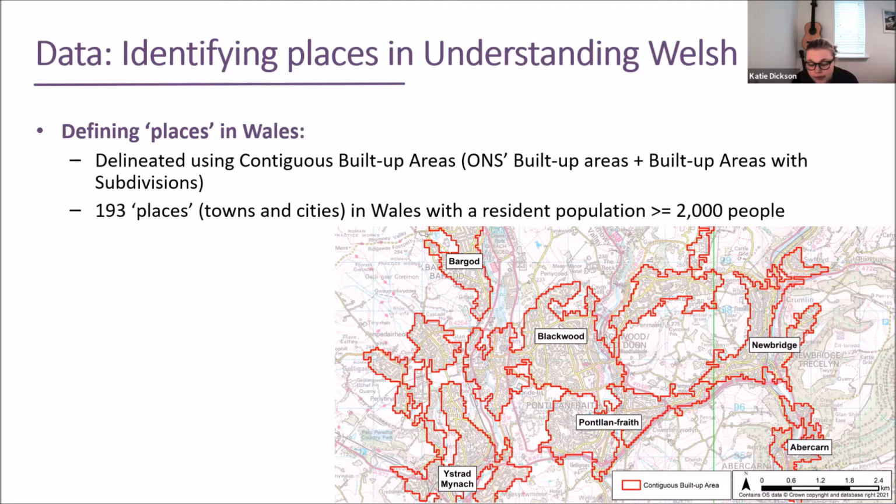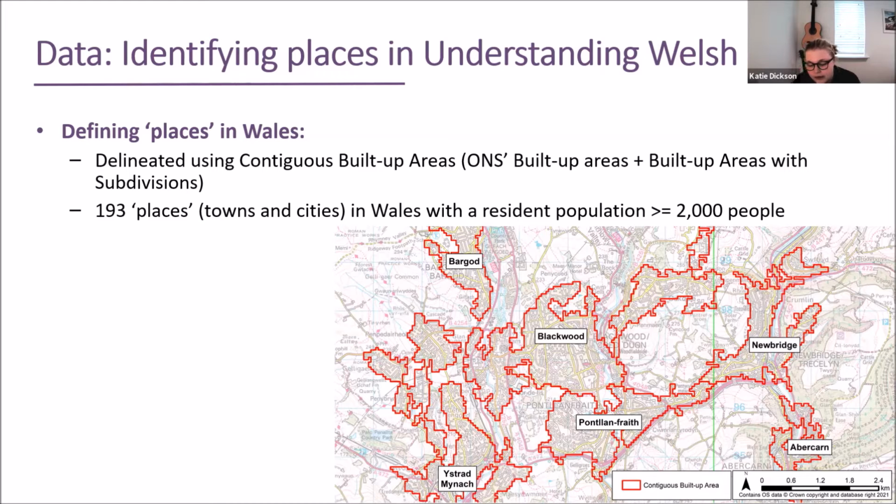So for those of you who aren't familiar with this, the built-up area boundaries are delineated by merging together 50-metre square grid cells, which are identified as using predominantly urban land use based on the Ordnance Survey topography layer.